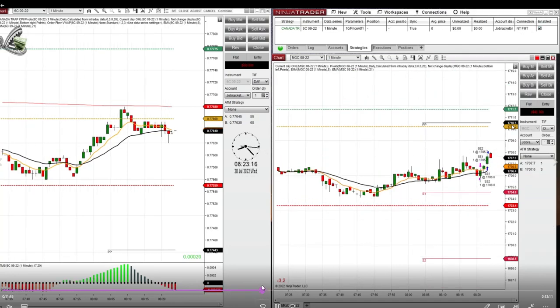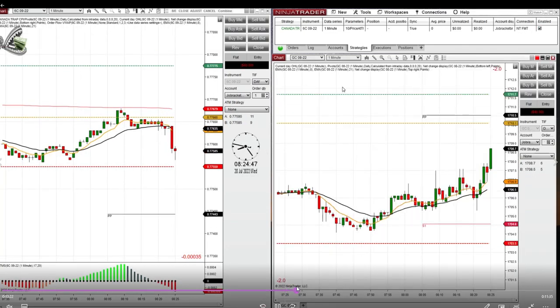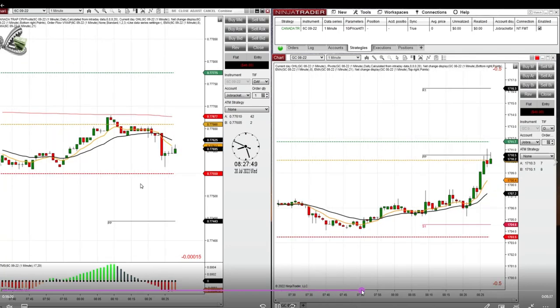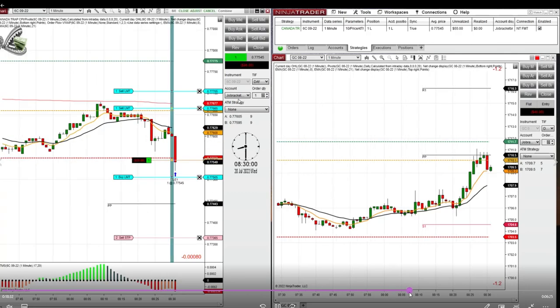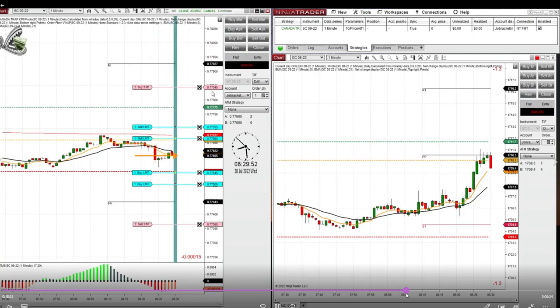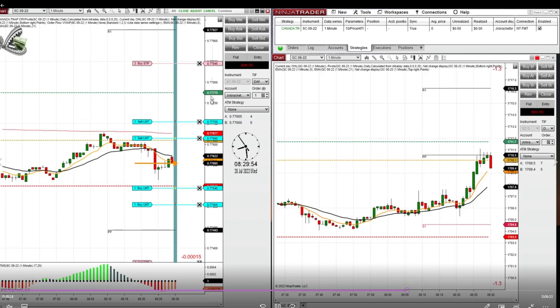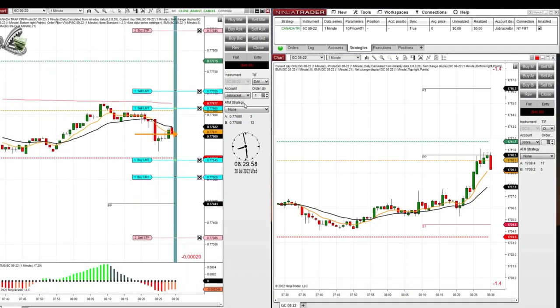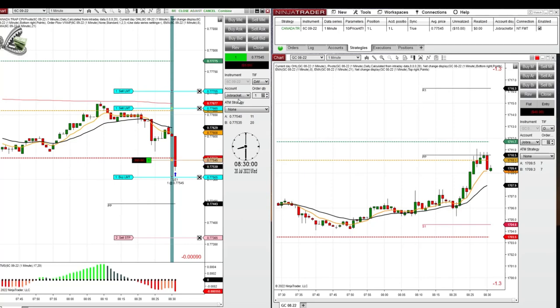Okay, so first we had the gold open. Canada CPI is on the left. It was a trap trade. You could see it shoots down kind of slowly and it fills the first tier.